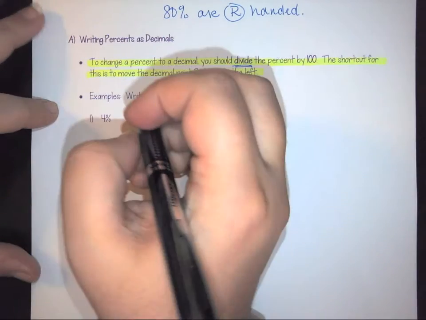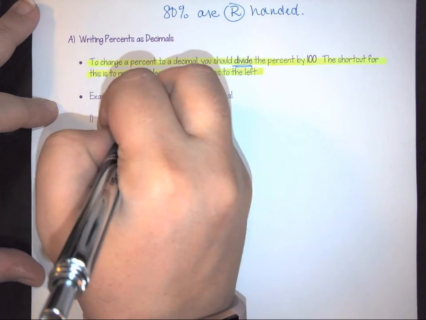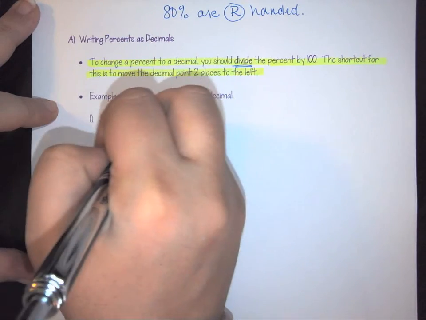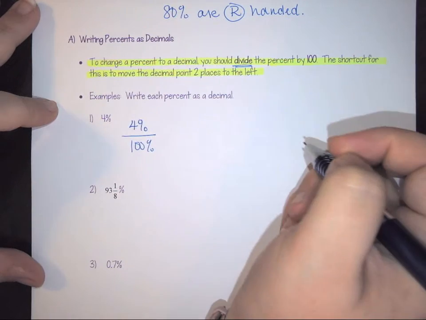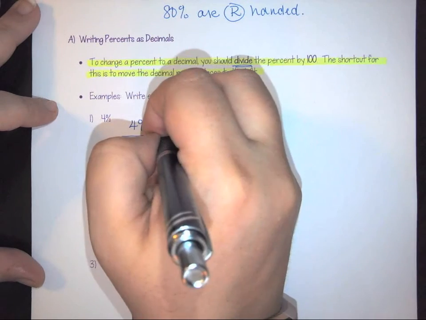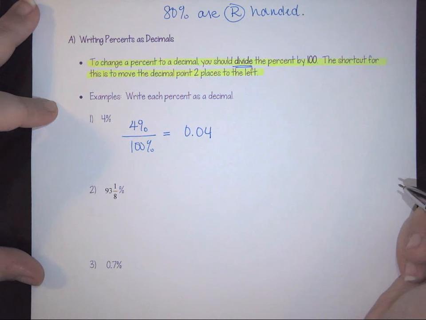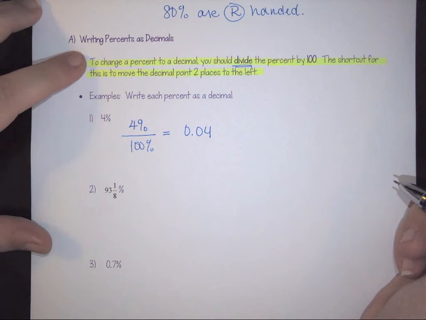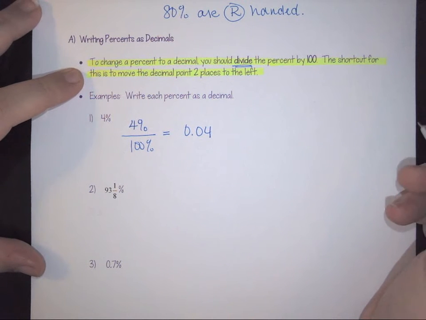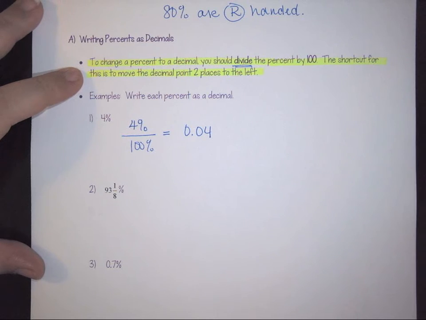So here I have 4%. I'm going to divide that by 100%, and this is going to give me 0.04. Now that's using the division. The shortcut says move the decimal 2 places to the left.